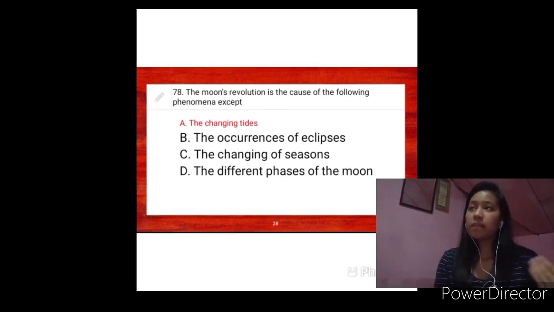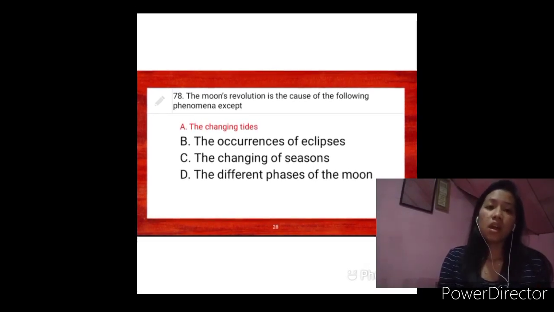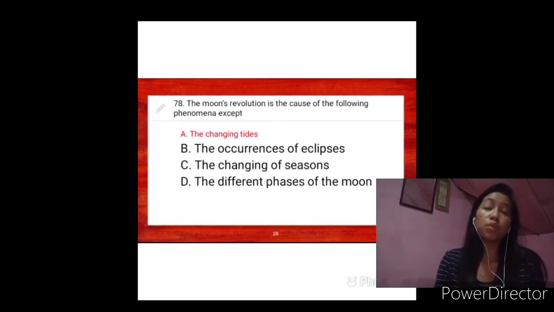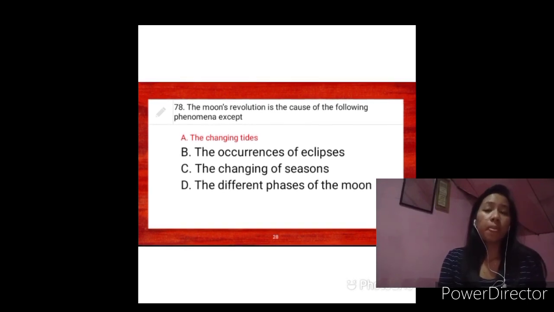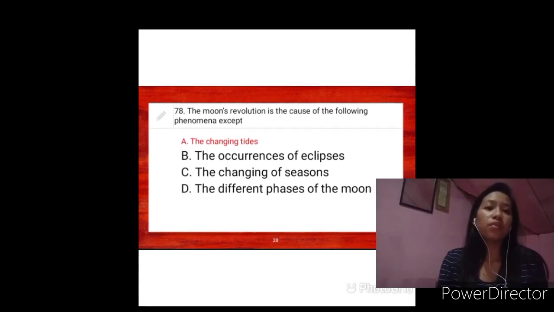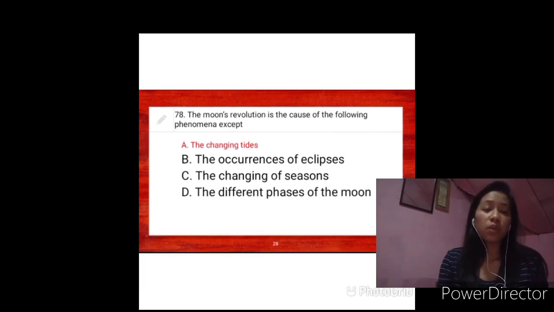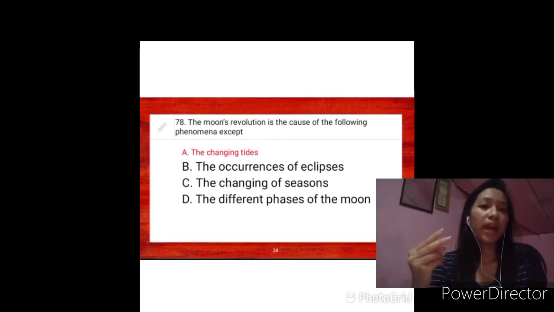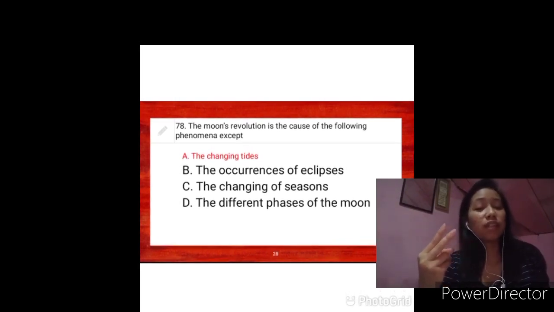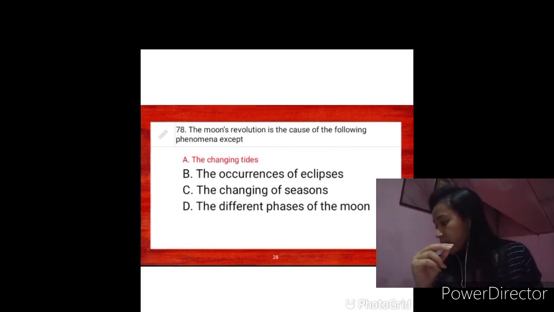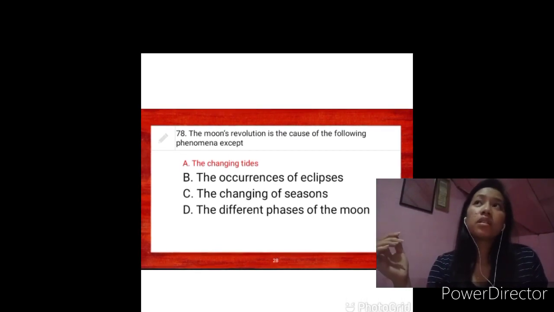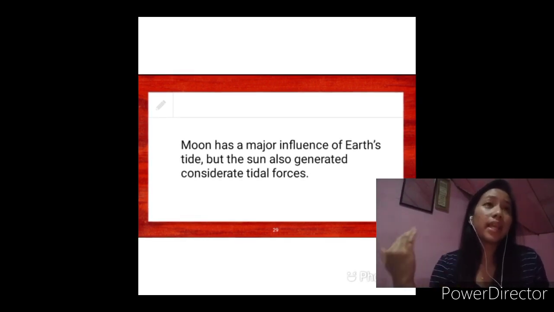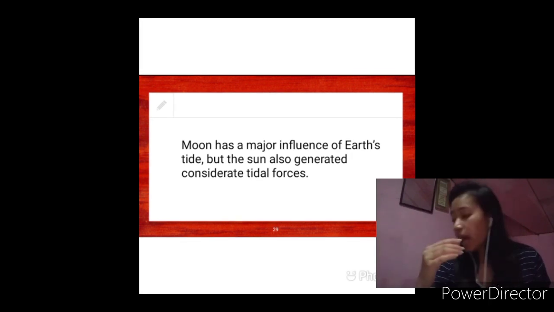So why are B, C, and D phenomena of the moon's revolution? It's because we all know that when the moon is revolving, every month we have 12 phases of the moon. So every month we are experiencing a different kind of eclipse, and the different phases of the moon are what we experience monthly, and the eclipse is just a rare thing for us.